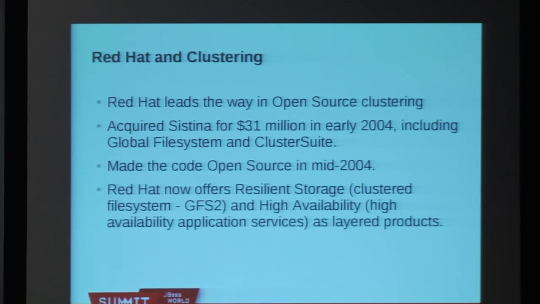That is what we do at Red Hat. If there is proprietary software that we acquire, we do our very best to make it open source as quickly as possible. So now, like I said, it's called Resilient Storage, which is our clustered file system, GFS2, and our high availability product, which is the HA Application Services technologies as layered products.